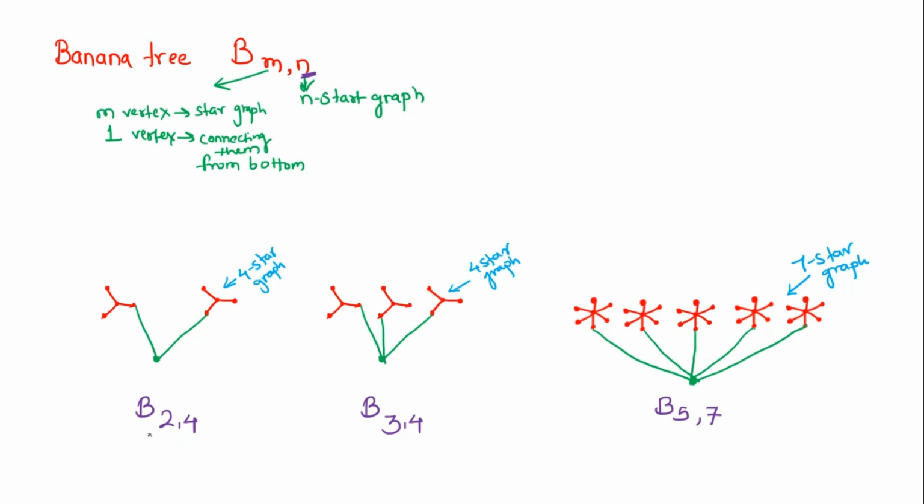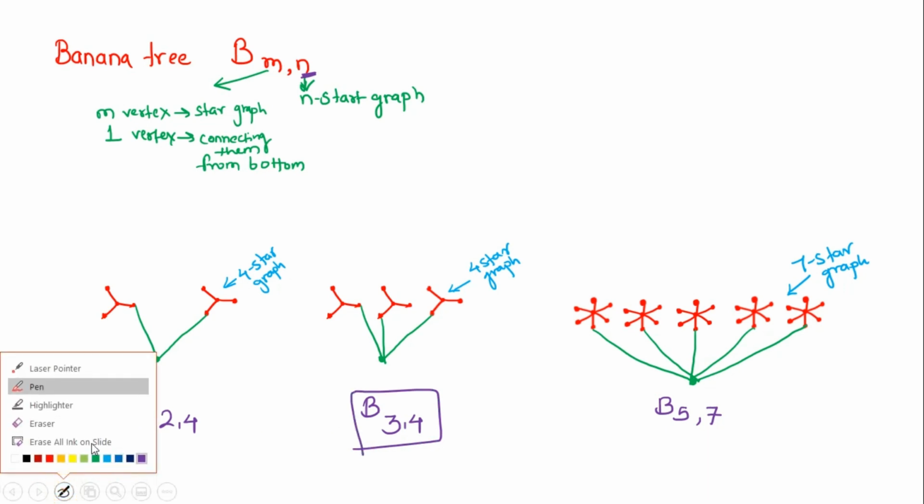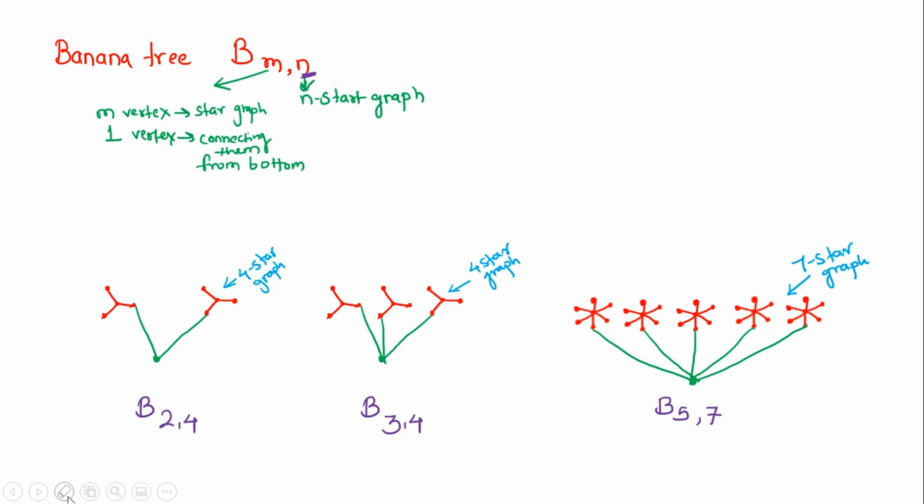So for example, I have a banana tree with 3,4. The meaning of this is that 4 means I will have a star with 4 vertices, and there are 3 such stars.